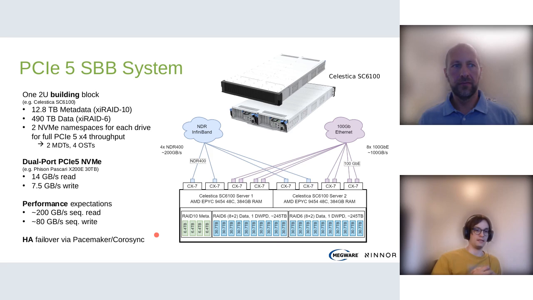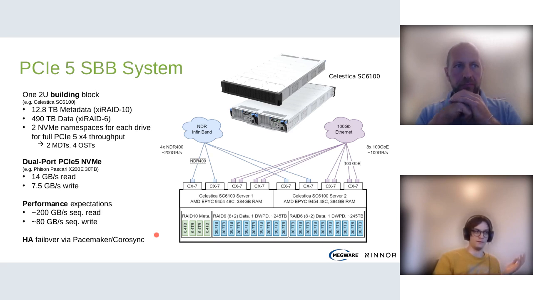And then one thing to mention is that you would then split your NVMe devices in 2 halves, so in 2 namespaces. One namespace would be for server 1 and the other namespace would be used by the second server to really get the full PCI Express throughput, because each server has only a by 2 connection to each NVMe.